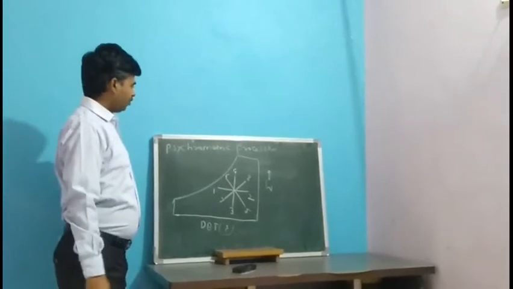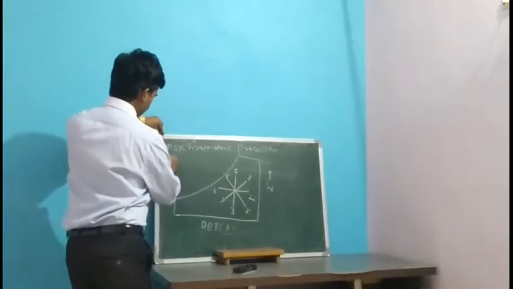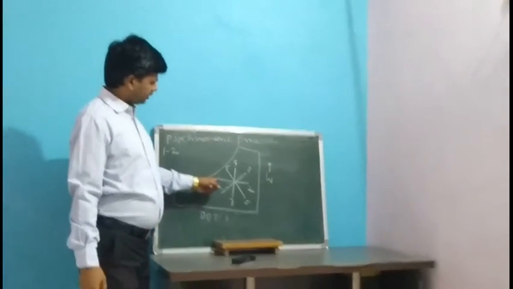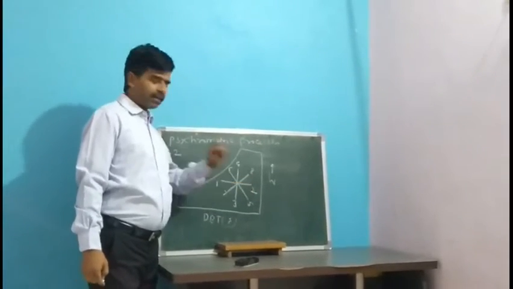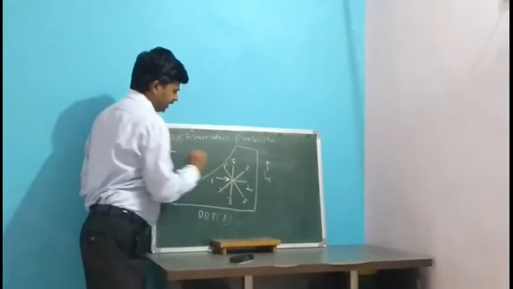Here the first process is 1 to 2. So the psychrometric process starts at 1 and it ends at 2. Obviously the arrow is like this.